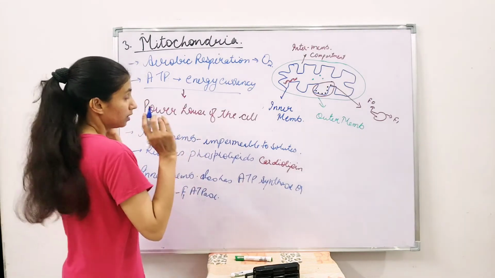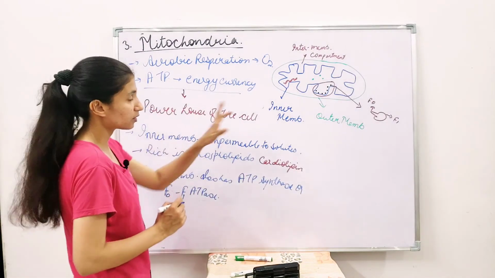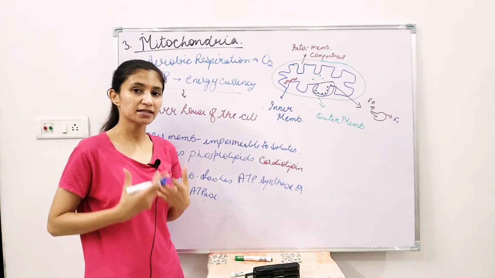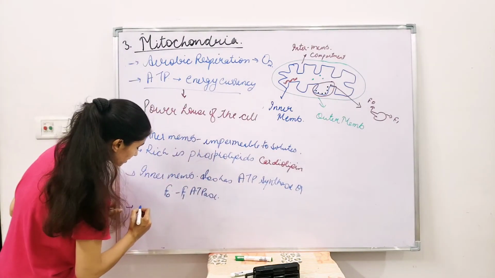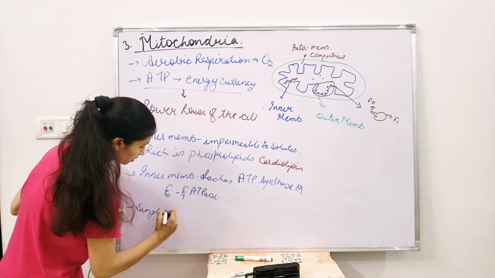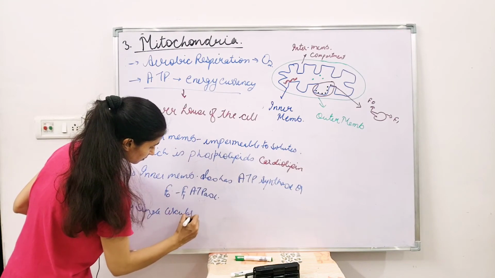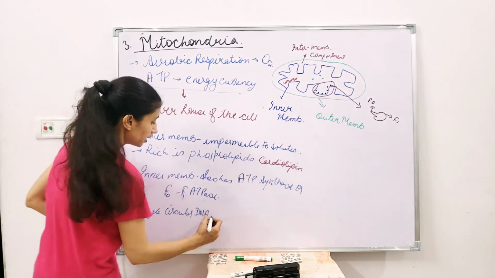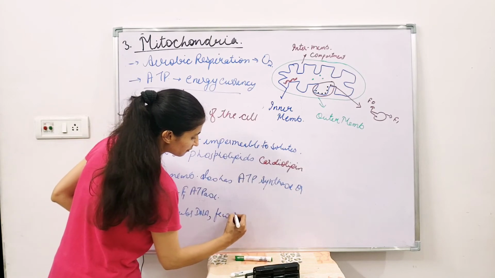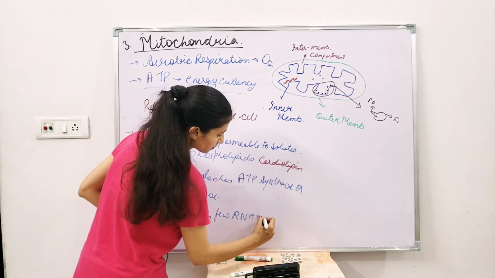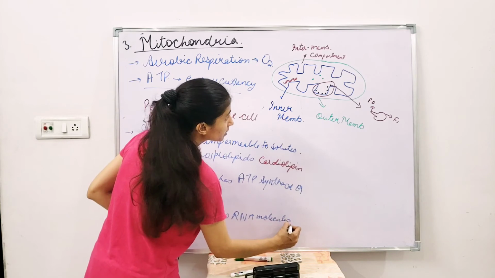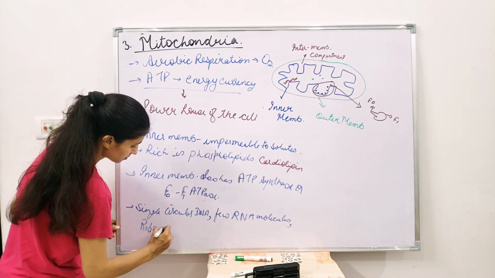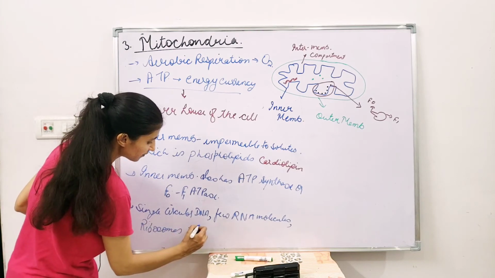A very last thing is that mitochondria is the only other organelle present in the cell which has its own DNA. So it contains a single circular DNA, which is present in the matrix only. It contains a few RNA molecules, and you will also find the ribosomes, which would be 70S.